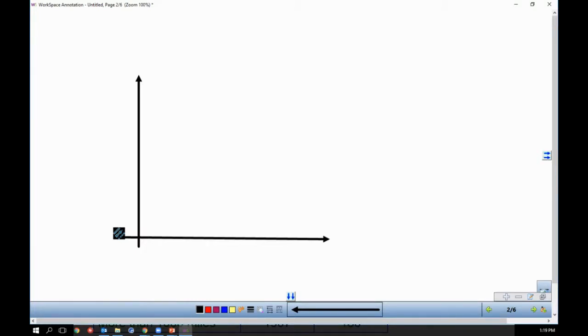What goes on the vertical axis? What would my title for that axis be? Relative frequency. What about the horizontal axis? Distance. What units is our distance in? Miles. I'm going to put that in parentheses, that way we don't have to write miles every time.